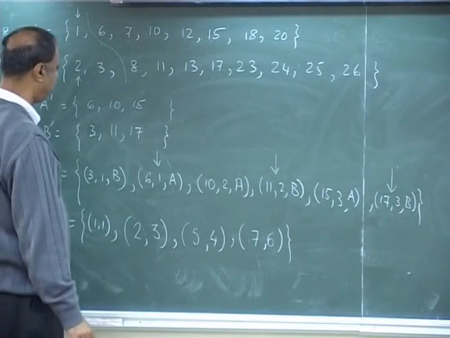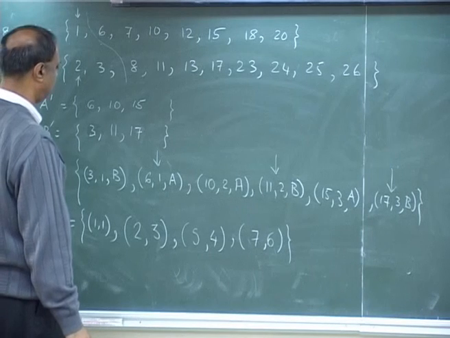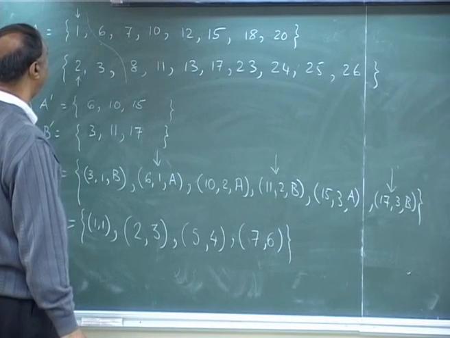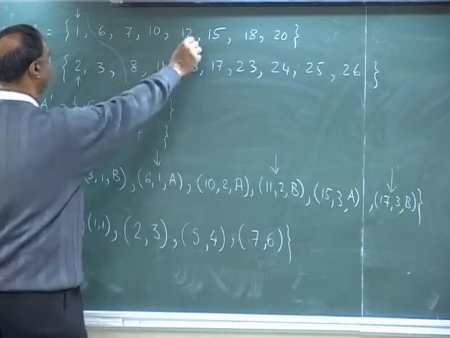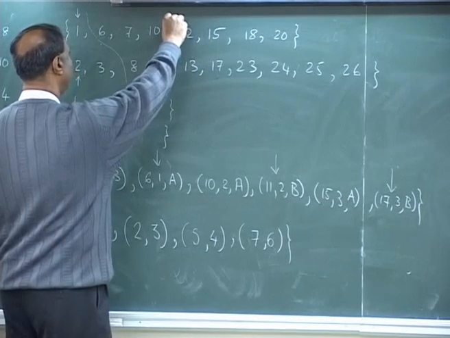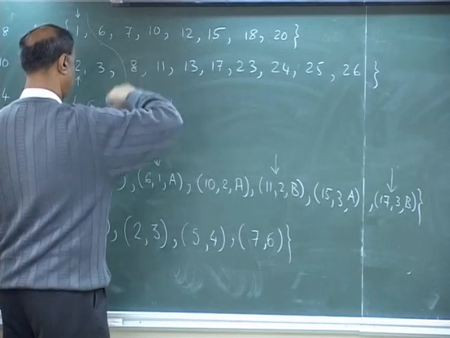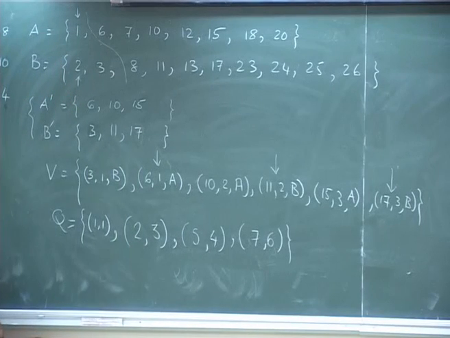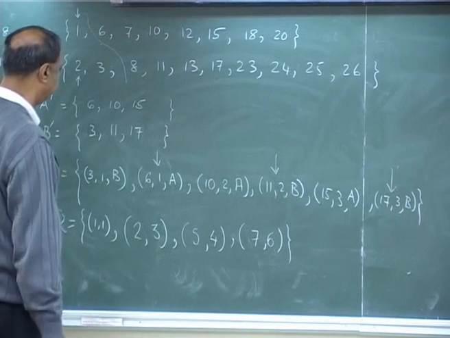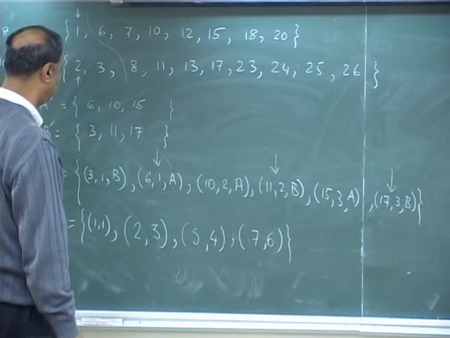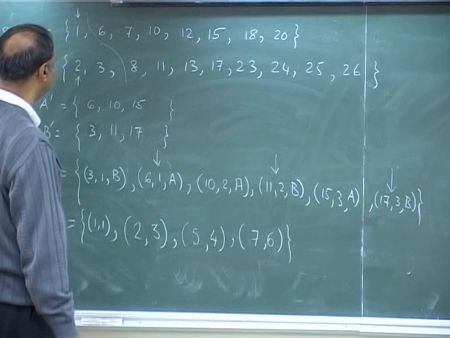Now 2, 3 will be 5, 4, until it covers this. Then 2, 3 is this one.